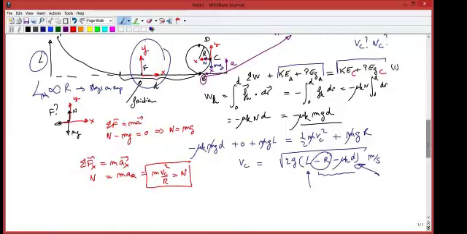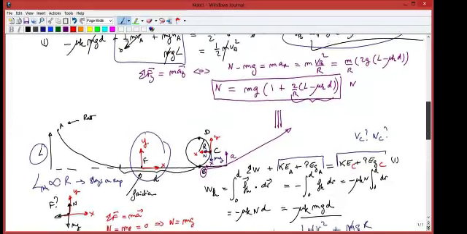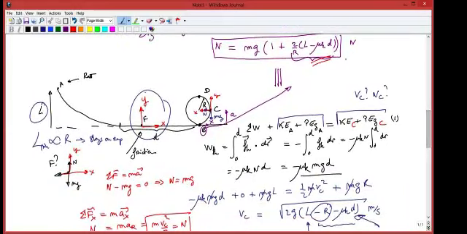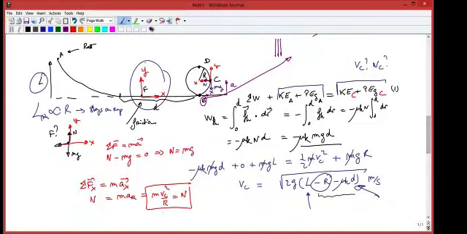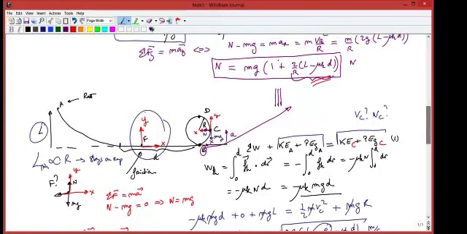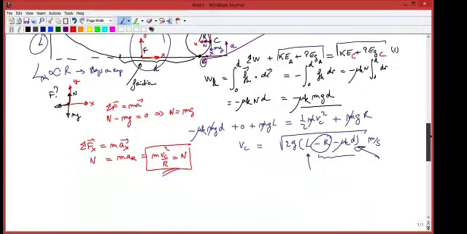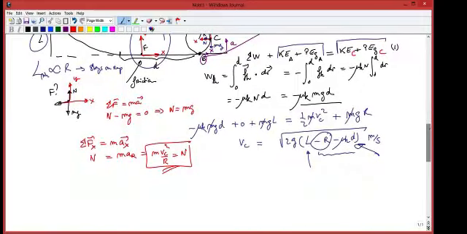As you compare the normal force at B and at A, obviously it's less. The extra weight term is not going to show up. So as we go up the ramp, not only the velocity will decrease, but the normal force will decrease as well.